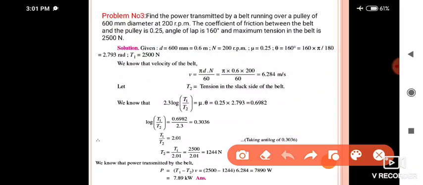After that the power transmitted is 7.89 kilowatt. Okay, so this is the final answer, 7.89 kilowatt. So this type of problem is asked for 10 marks.